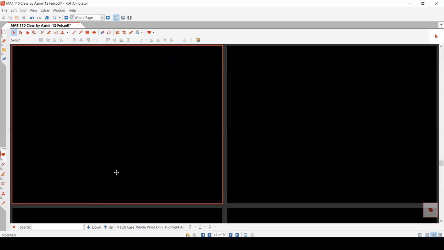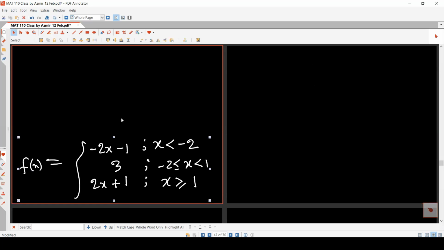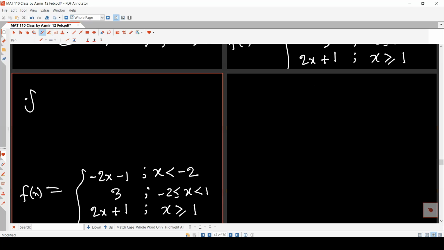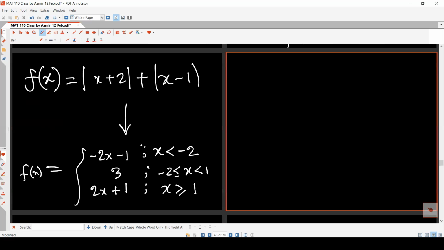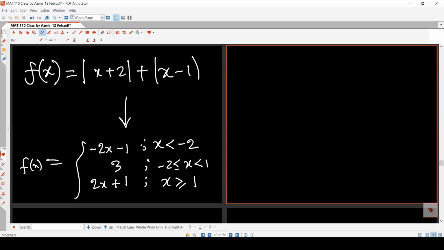We are able to convert this given modulus function into a piecewise function. So this is how we can convert.